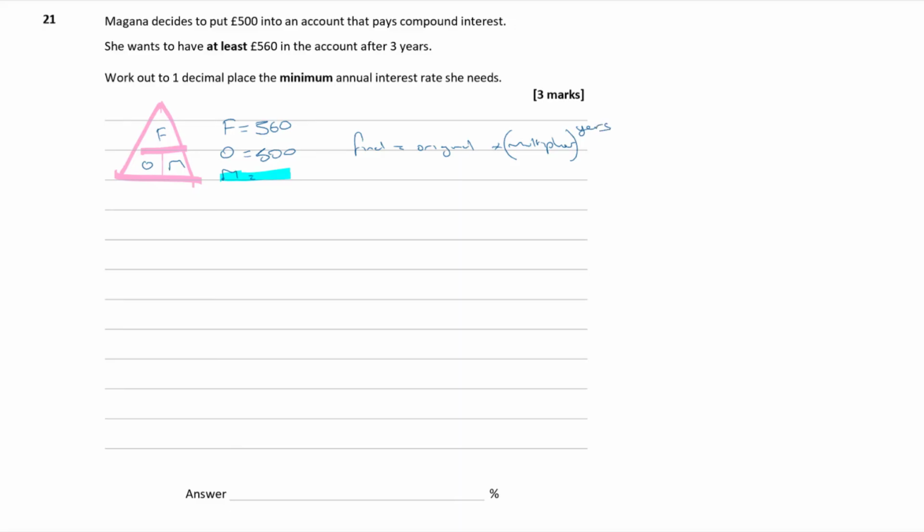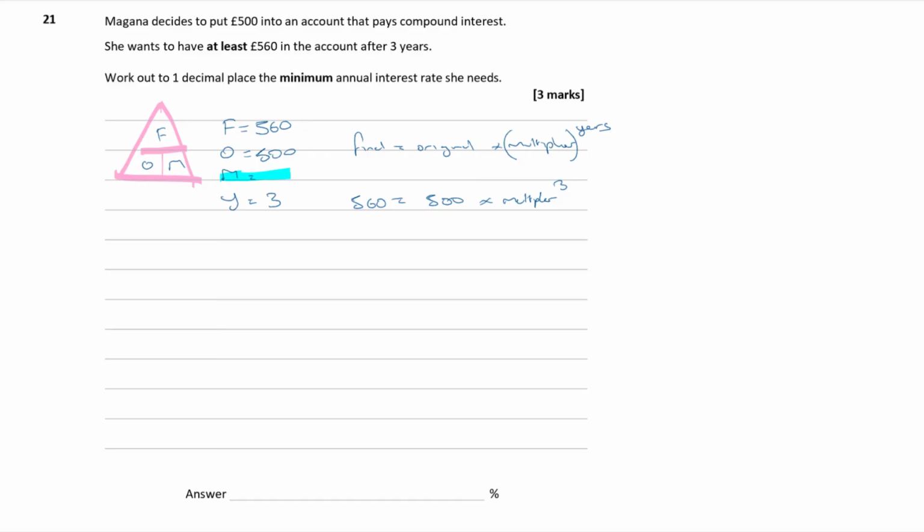Our years here are going to be 3. There are 3 of them. So that would be final price of 560 is equal to the original price of 500 times my multiplier to the power of 3, isn't it? Then my multiplier, we're just rearranging that.